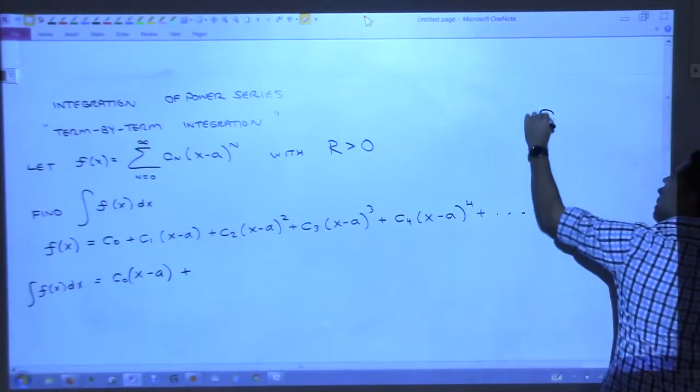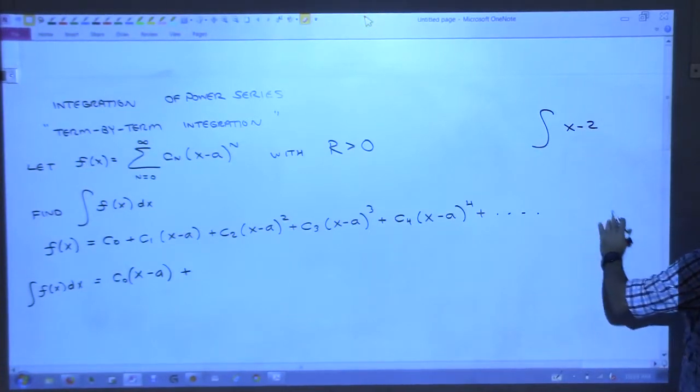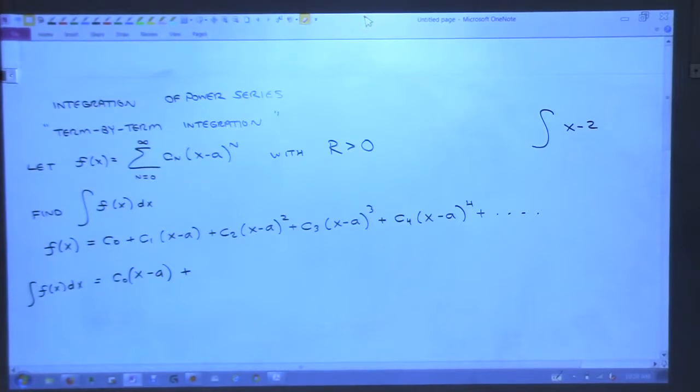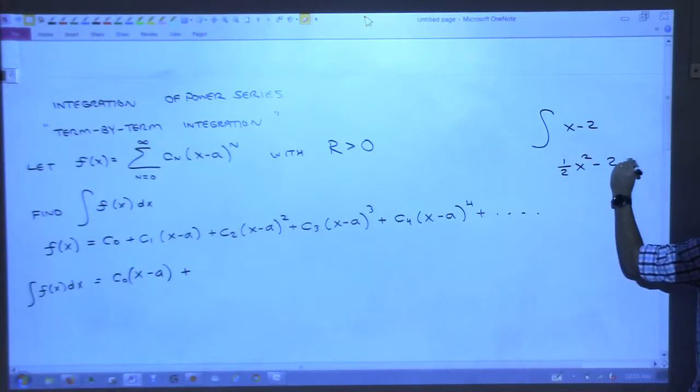If I asked you the antiderivative of x minus 2, right? You just do them separate, so it'd be 1/2 x squared minus 2x plus c, right? Plus c. And then what could we do here?